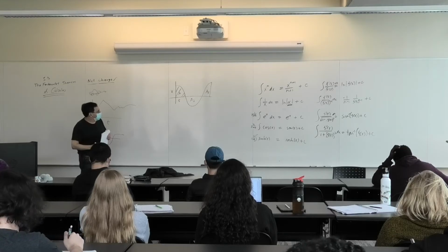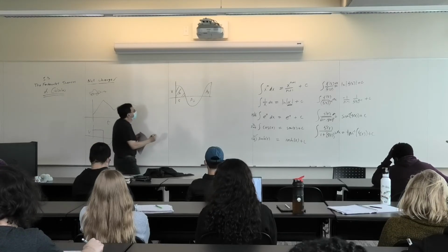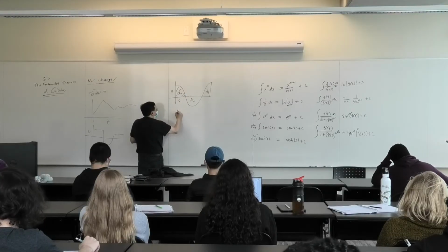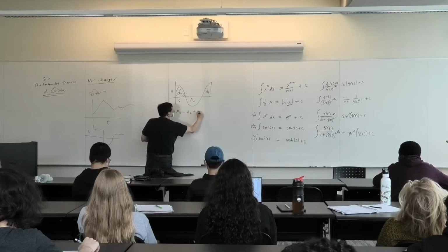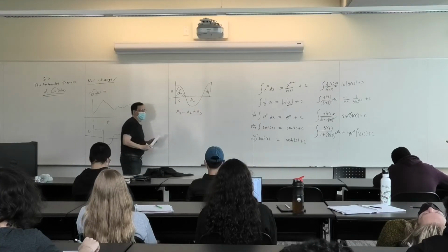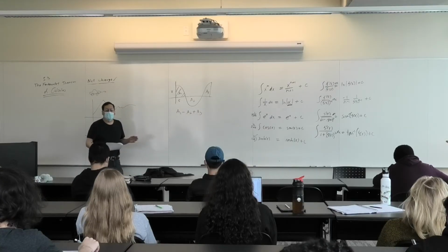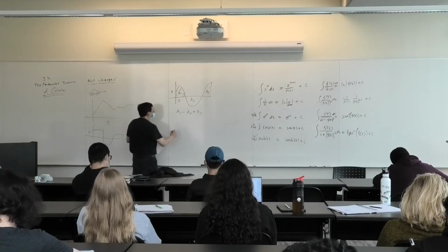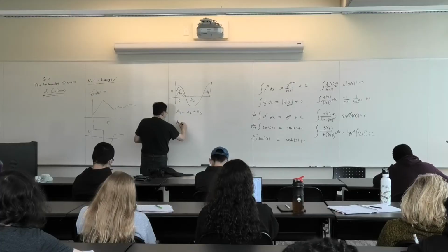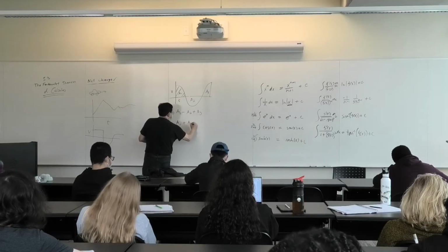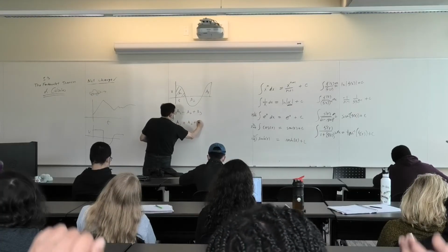If I'm interested in where I am, then I'm interested in A1 minus A2 plus A3, right? That'll tell me where I am at the moment. If I'm interested in how far I have traveled, then I actually just want A1 plus A2 plus A3.